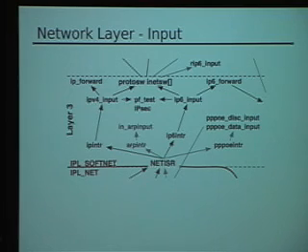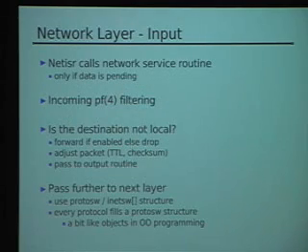So either it's moving it upwards to layer 4, or it's moving the packet to IP forward, where the route lookup will happen, and the TTL magic of decreasing the TTL will happen, and then the packet will be pushed out again. If the packet is for a local system, we're moving over to a so-called proto-switch structure to find the layer 4 protocol.